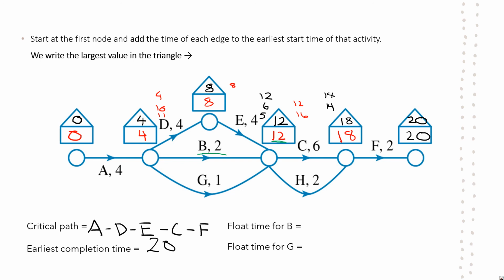So that's the value we need. We need the time of the actual activity itself, which is 2. And we need the earliest starting time from the little house beforehand, which is this 4. So for all these float times, those are the values you need. The edge itself, the value in front here, as well as the earliest start time.